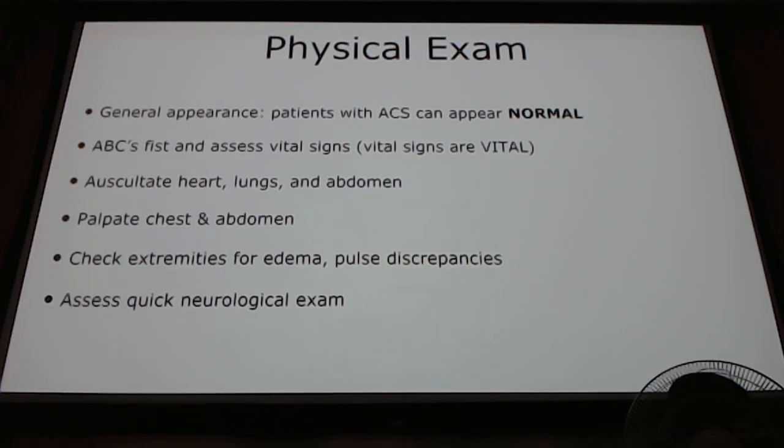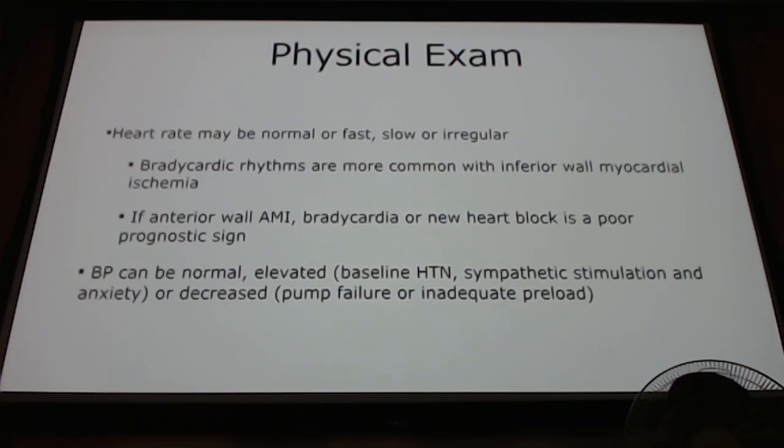All right, general appearance: it can look like anything. Hopefully you've noticed throughout that my physical exam findings all look kind of the same. They may have tachycardia, they may not. They may have diminished heart sounds. They may have a murmur, they may not. They may have edema.